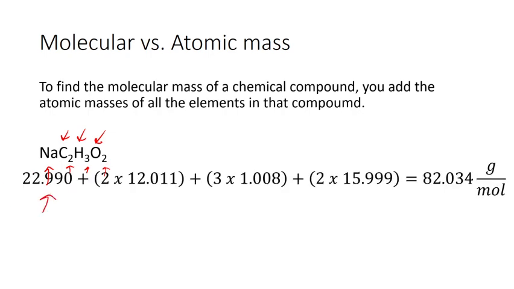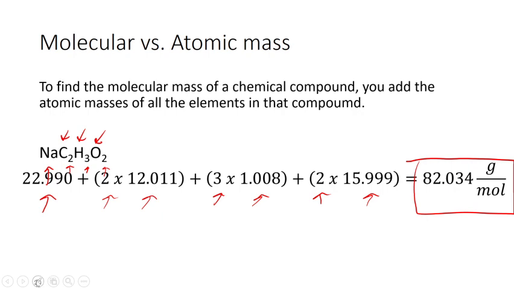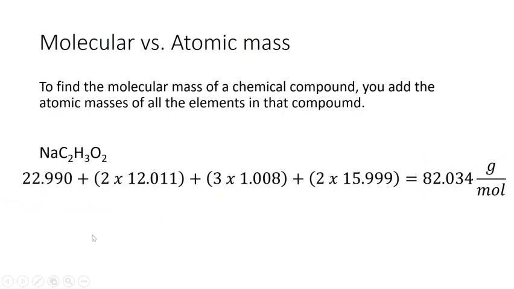Sodium, 22.99, 2 carbons, 3 hydrogens, 2 oxygens, and we do all that math and we end up with our molecular mass. And it's as simple as that, right? Some compounds certainly have more elements in them, but that's all there is to it.